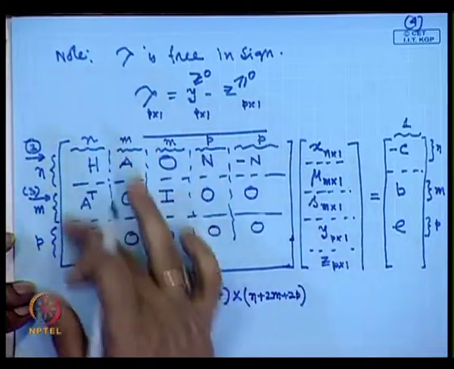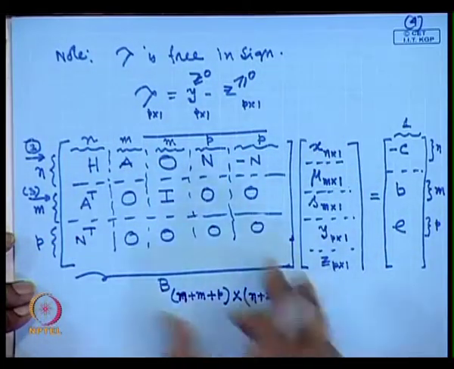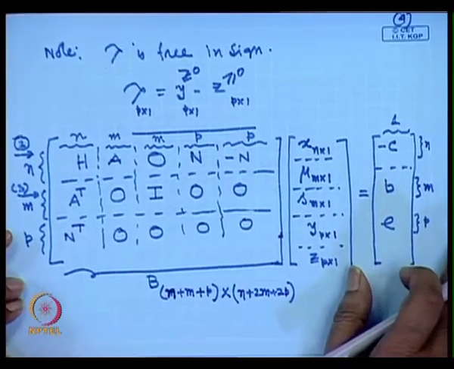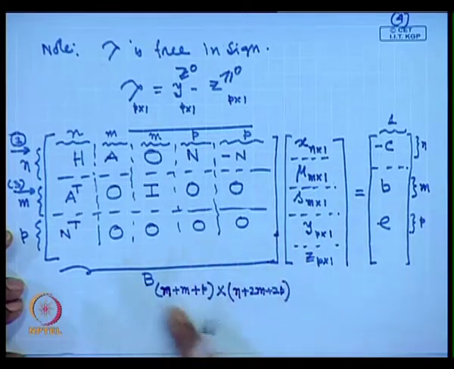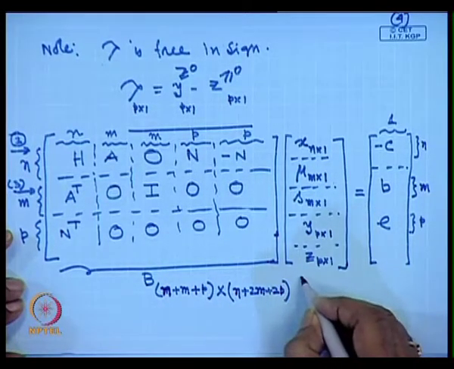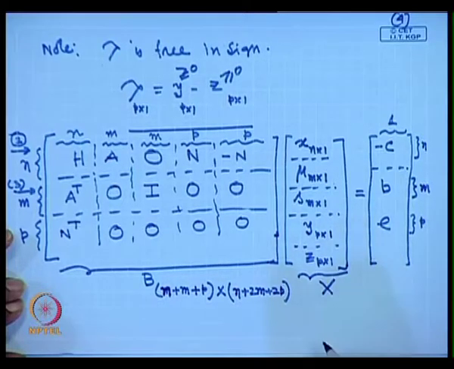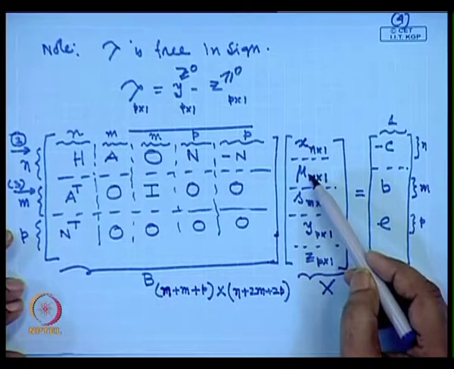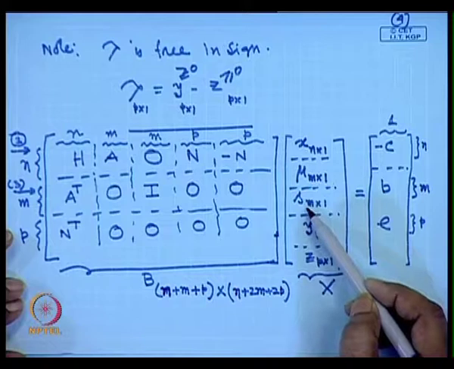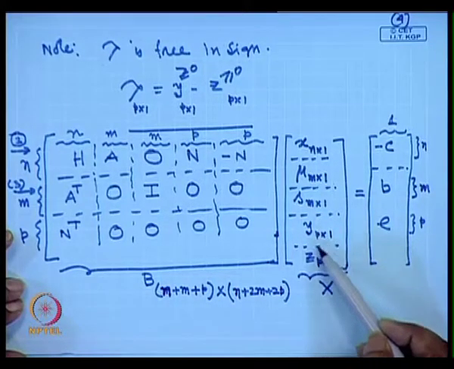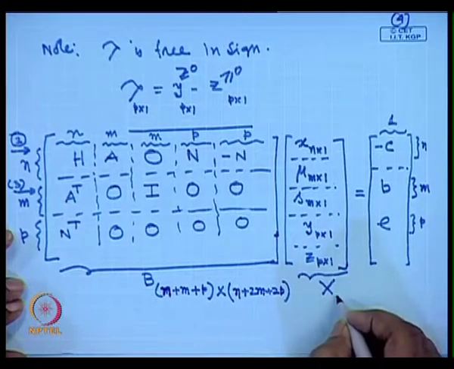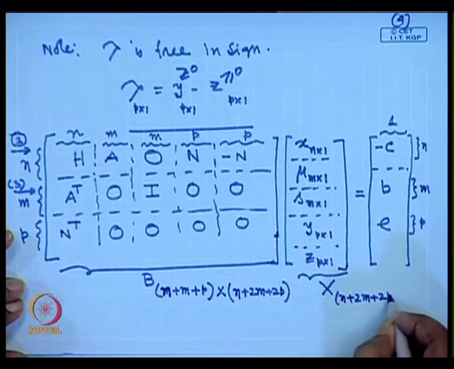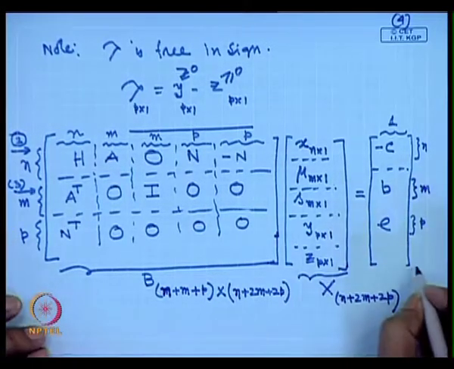So, this is the whole matrix which we have obtained from the KKT necessary conditions, agree? Let us call the vector capital X: the first n components are x, then m components of mu, m components of s, then p components of y, and p components of z.